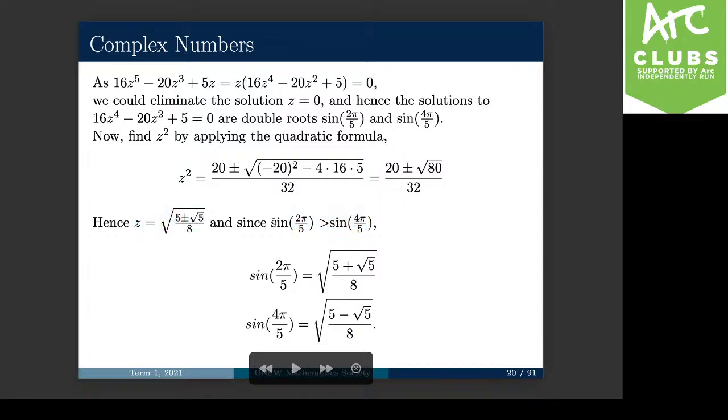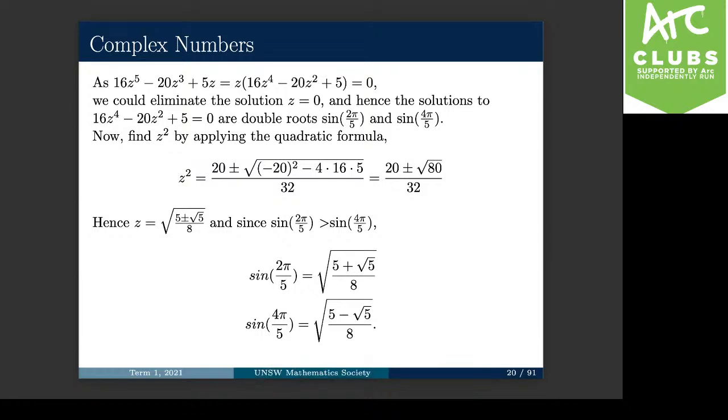And given that sine 2 pi over 5 is bigger than sine 4 pi over 5, sine 2 pi over 5 has to be the plus case, and sine 4 pi over 5 has to be the minus case. And this result, if you think about it, if you draw a unit circle, you can also know that sine 2 pi over 5 has to be bigger than sine 4 pi over 5.